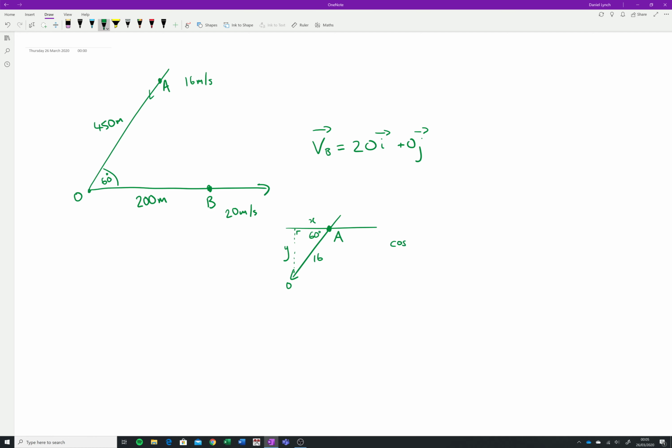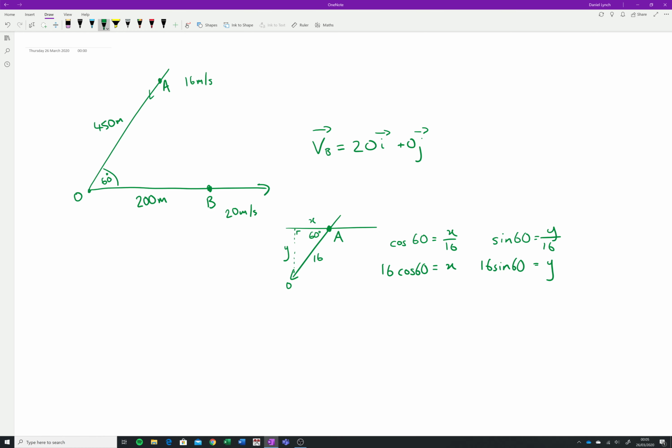We say the cos of 60 is equal to X over 16. So X is 16 cos 60. And similarly, sine of 60 is equal to opposite over hypotenuse, which is 16. So Y is 16 sine 60.